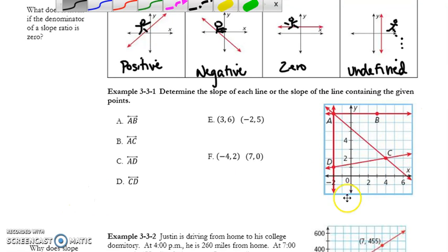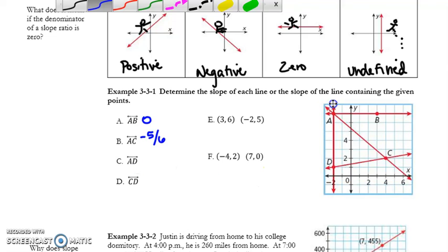All right, so now we're going to identify the slope using these lines over here. So line AB, that would be a slope of 0. Line AC, so let's go ahead and count. We're going down 1, 2, 3, 4, 5, and then going right 1, 2, 3, 4, 5, 6. So negative, because we went down 5, right 6, negative 5/6.